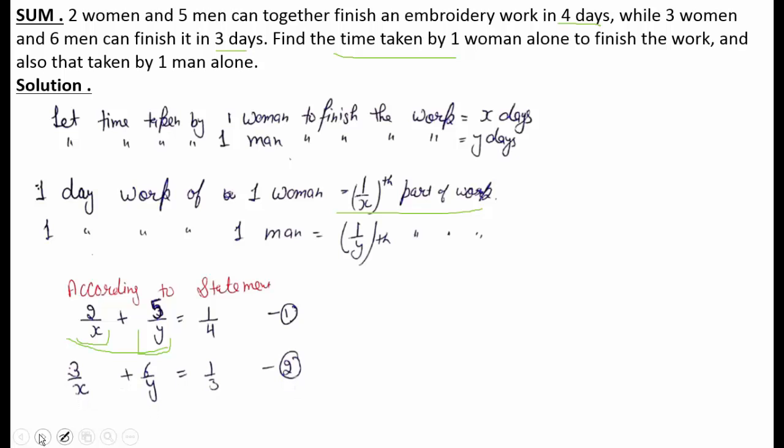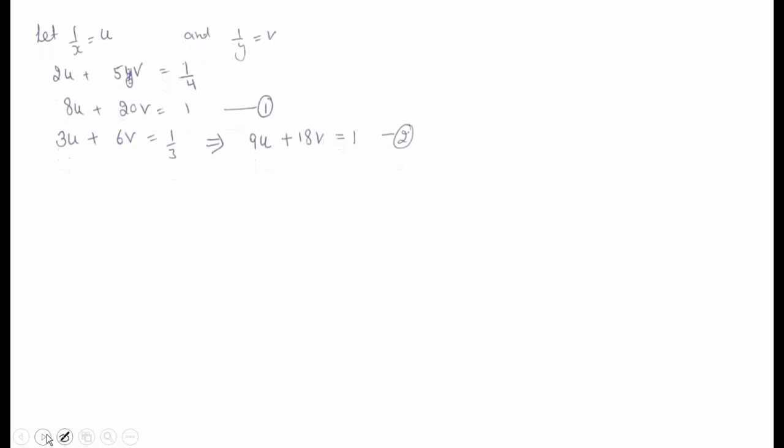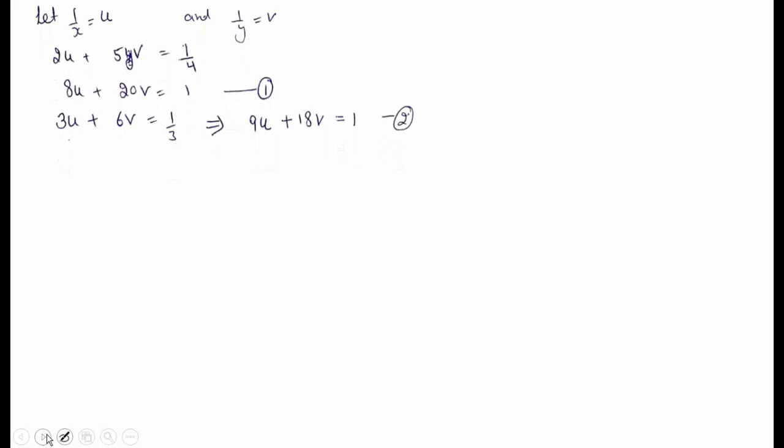And the second equation will be: 3 women and 6 men complete the work in 3 days. Then 3 by x plus 6 by y equals 1 by 3. Now this is not linear, so we will let 1 by x equals u and 1 by y equals v.